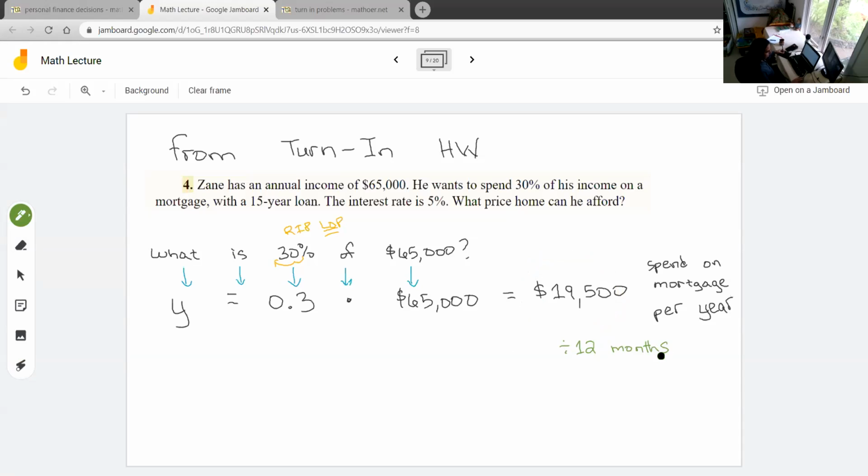So he wants to spend 1,625. Now that Donna solved the puzzle, can everyone else see why that was necessary? Oops, but I shouldn't put a box on it because I'm not done. So this is how much he wants to spend per month.